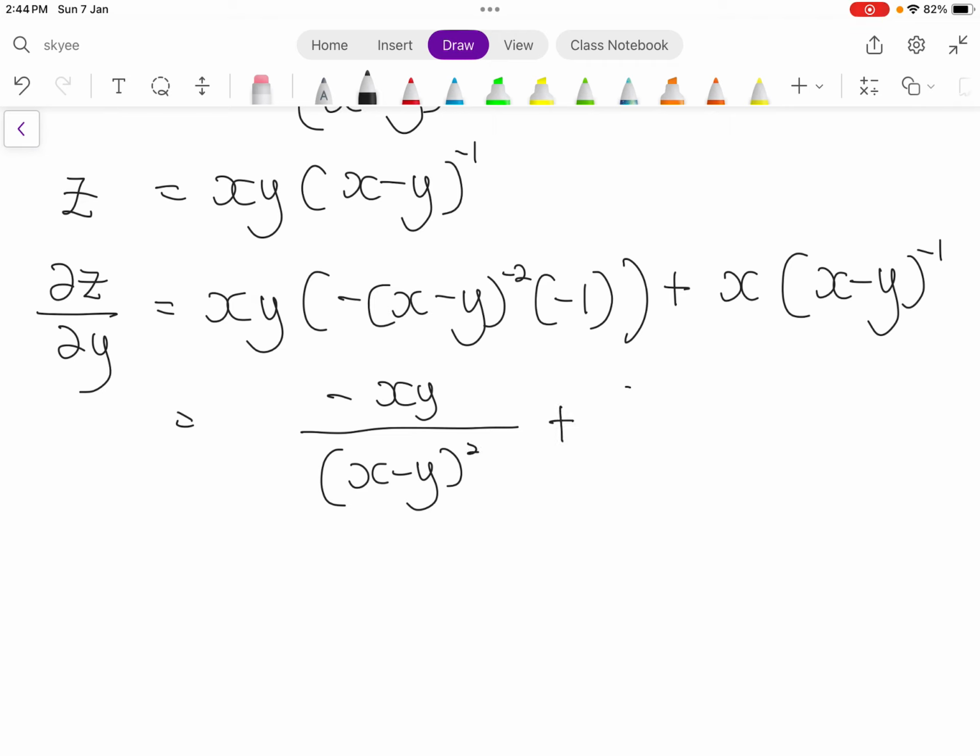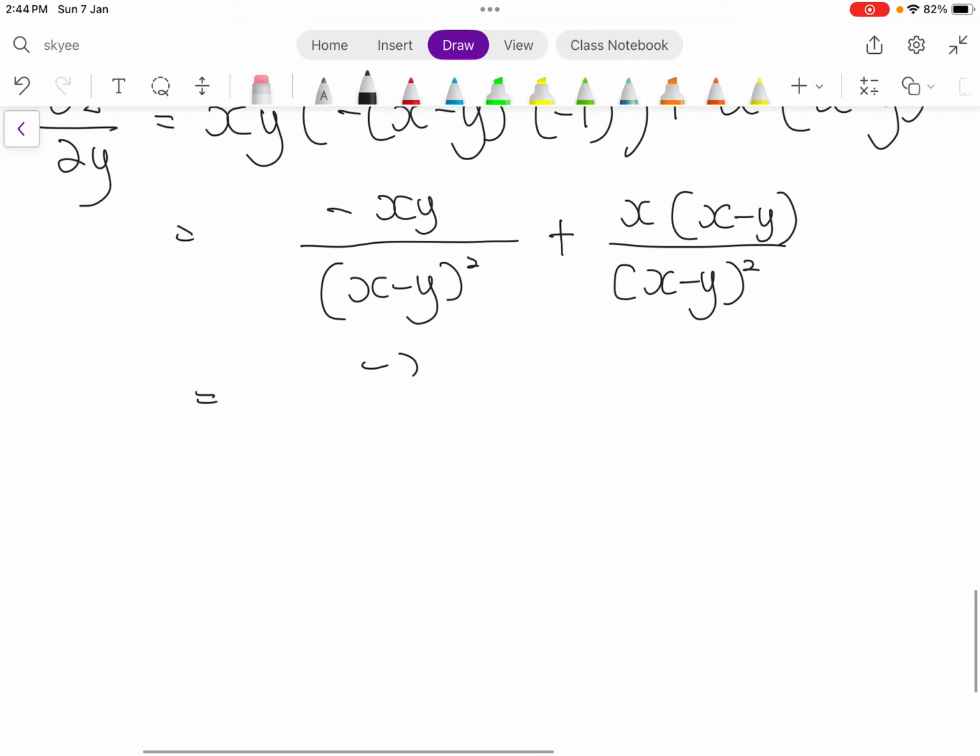Okay, plus the x over x minus y, you make it power 2, so you have to multiply the same term here. So negative xy plus x squared minus xy.